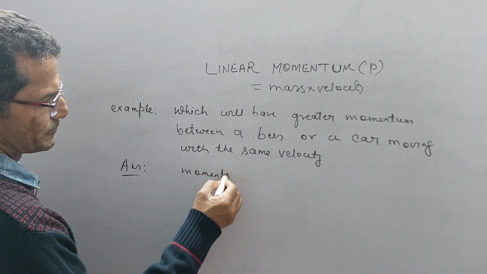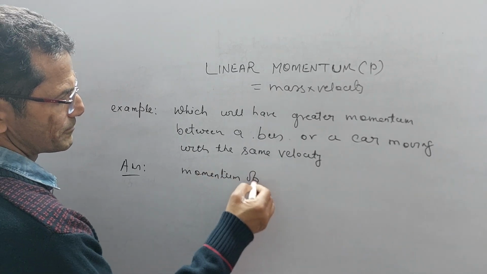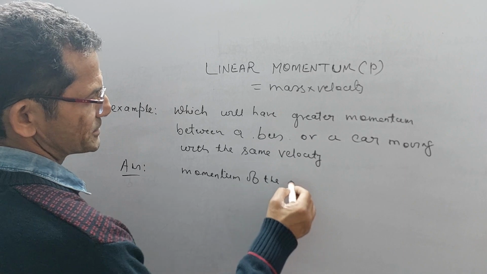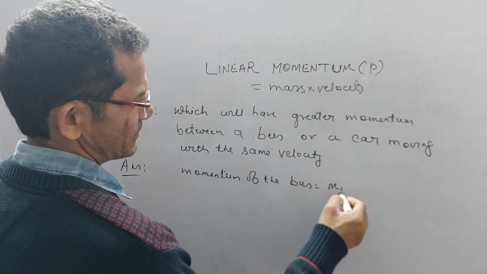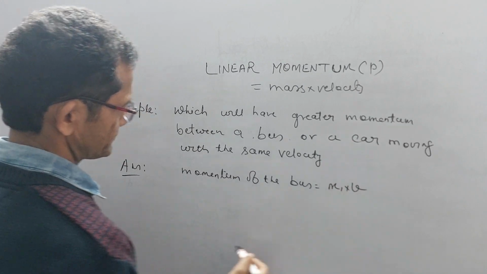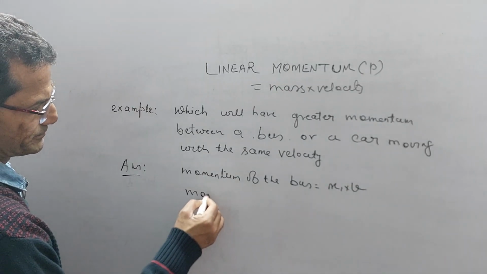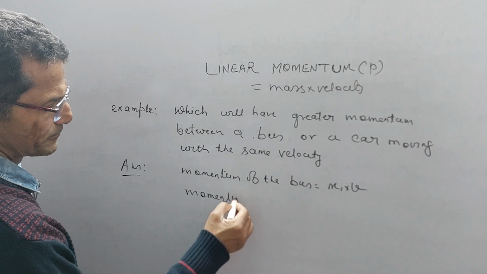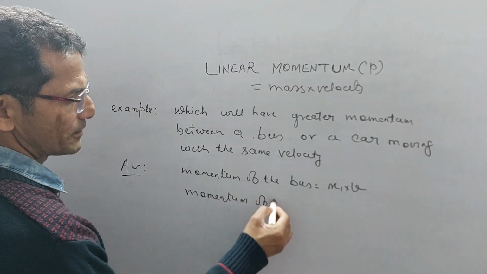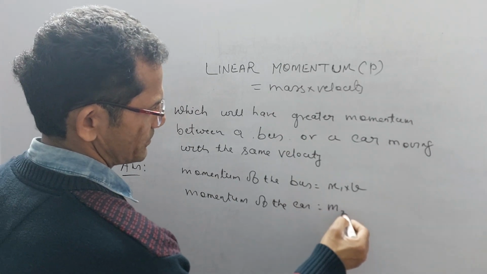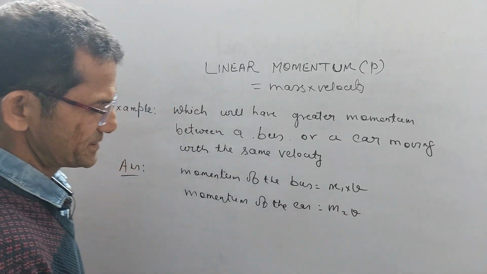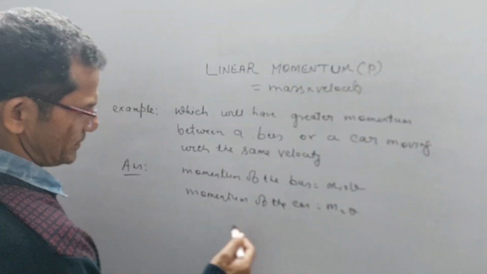Momentum of the bus is equal to the mass of the bus, m1 suppose, and velocity v, and the momentum of the car is m2 and velocity v, as these two have the same velocity.